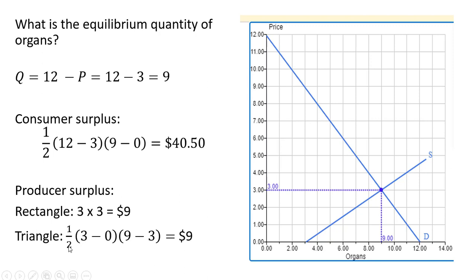And then we have our triangle, 1/2 base times height. The base of this triangle runs from 9 to 3, and the height of this triangle is just 3. So we get an area of the triangle of $9 as well. So total surplus here is going to be the $40.50 of consumer surplus and the $18 of producer surplus, or $58.50.